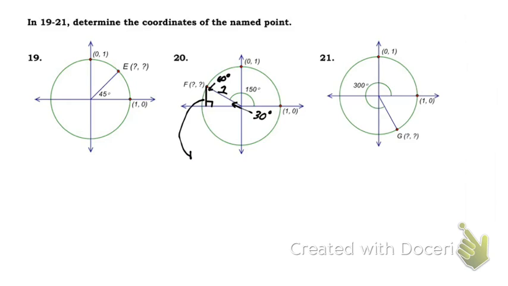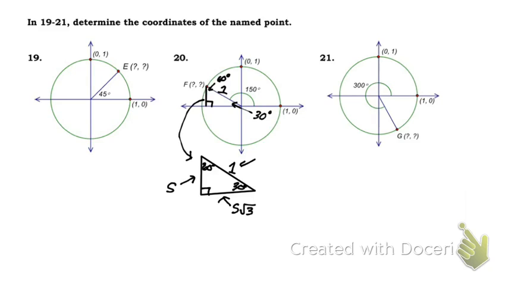So I'm just going to redraw that triangle down here so I have a little bit more room. We now have a 30, 60, 90 triangle with a hypotenuse of 1. With a 30, 60, 90 triangle, we label the side across from 30 as S. The one across from 60 degrees is going to be S square root of 3.